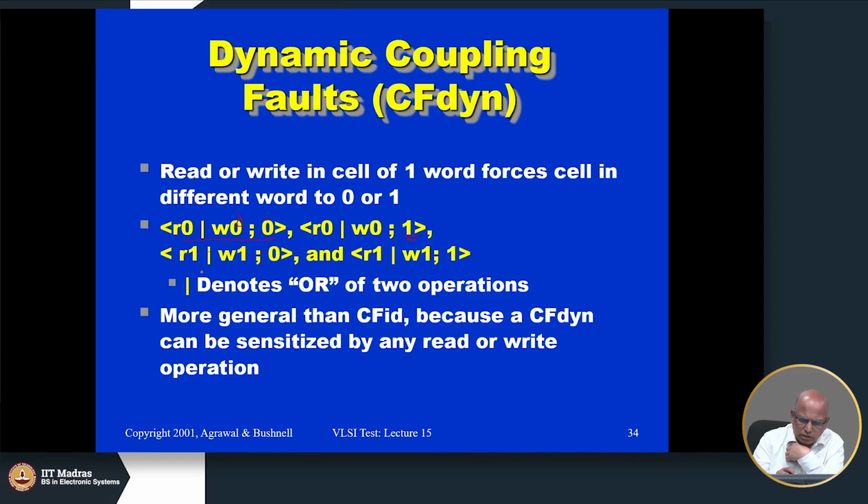Similarly, it could be that we are either reading or writing 1 into I, and if J had a 0, it will become 1. So, this means OR.